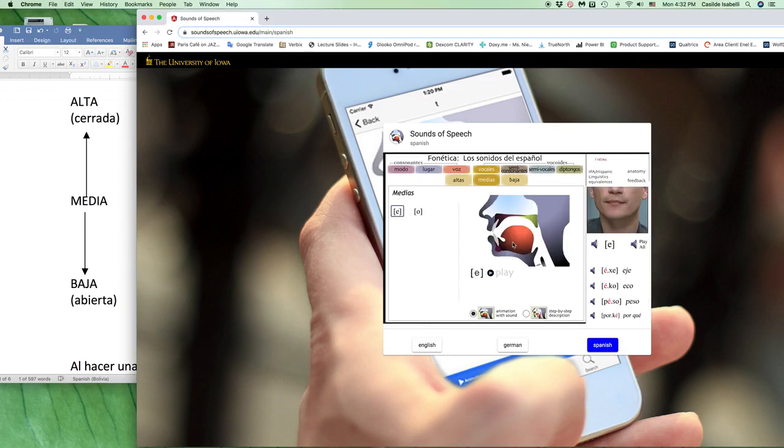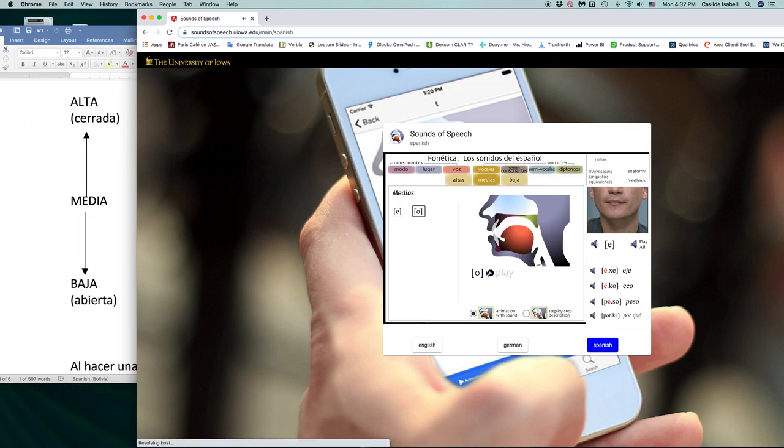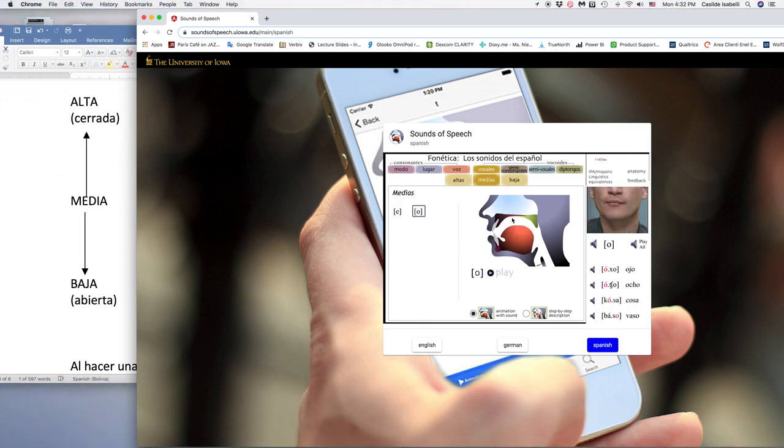We click on it and just notice what the tongue is doing. It's going to stay in this neutral position and kind of towards the front, whereas the O is in the back and still the neutral position.